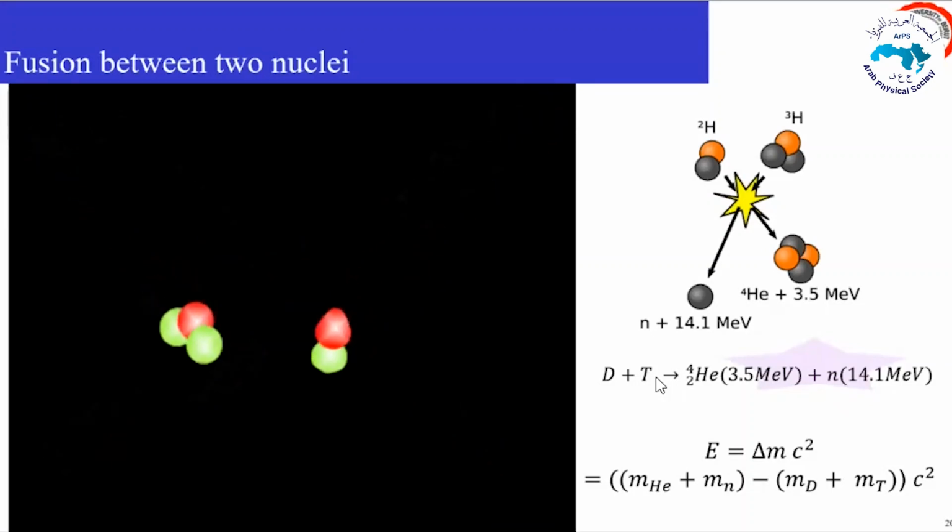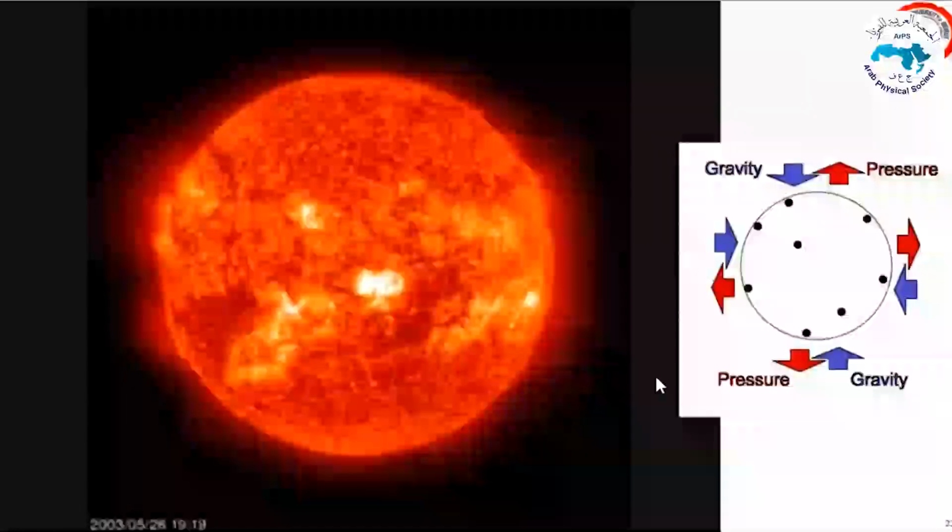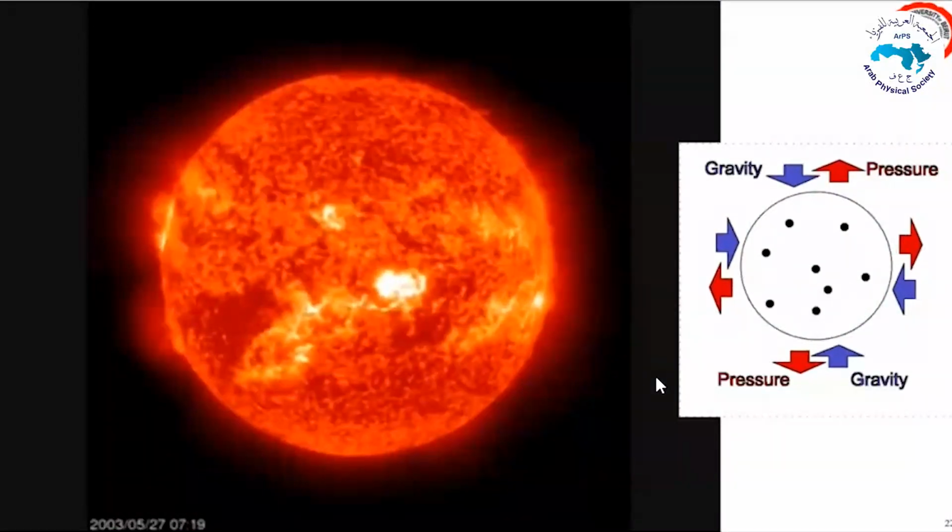Okay, so what are the different concepts of fusion? Well, we have gravitational fusion, which is what's happening in the sun. And we have inertial fusion, and then we have magnetic fusion, which I will be discussing a bit more. So let's talk about what's happening in the sun.